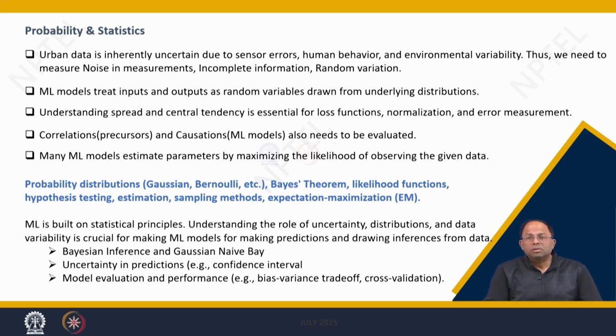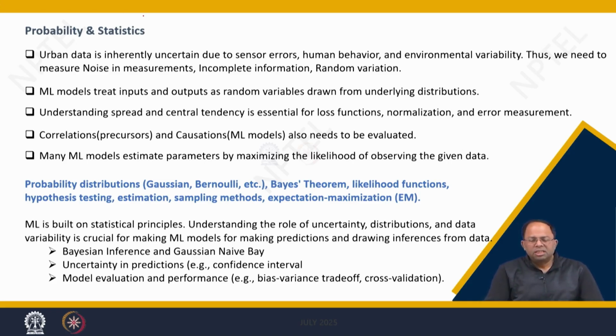And then the causation, that is the actual model: I am predicting that this feature results in a certain outcome, or that a change in the values of these features will result in a change in the outcome's value. So causation, or what causes what, is the machine learning model part. Correlation, which is a precursor to machine learning model development, is also part of probability, and we use the fundamental knowledge from probability and statistics to do those evaluations.